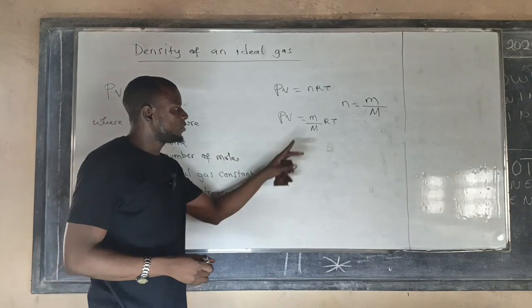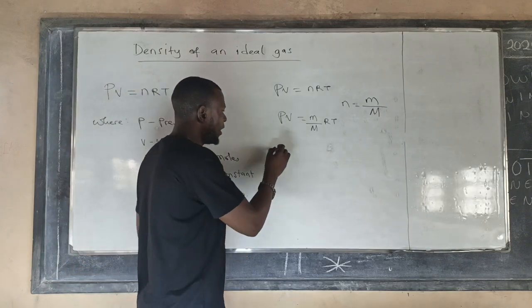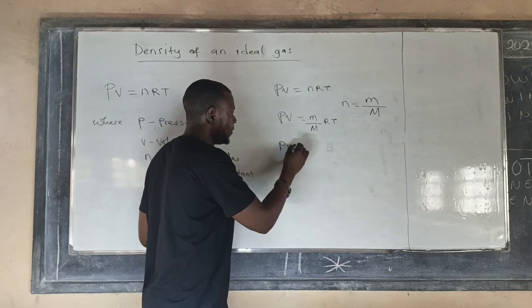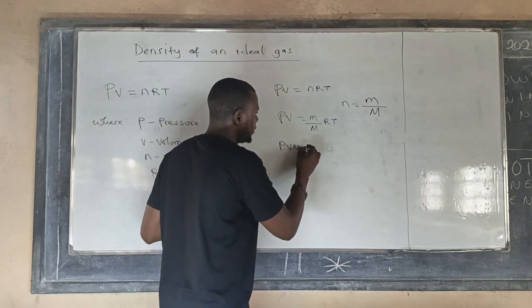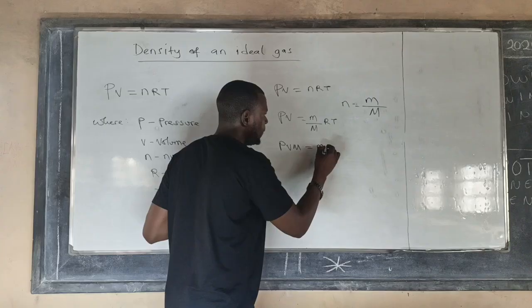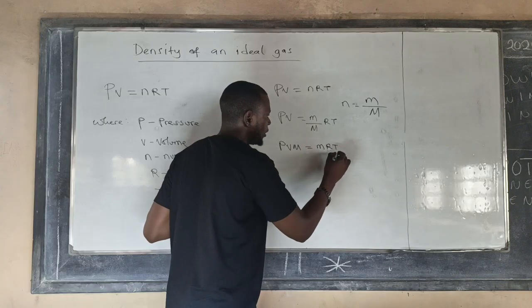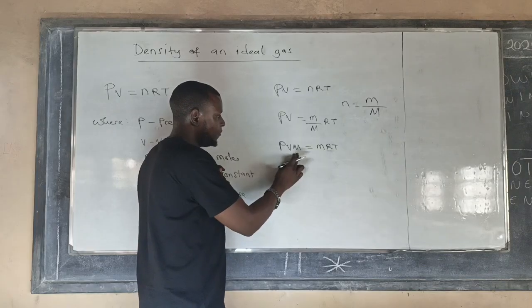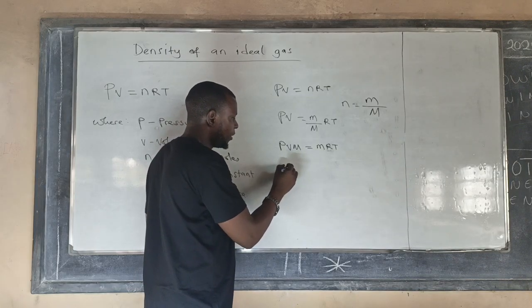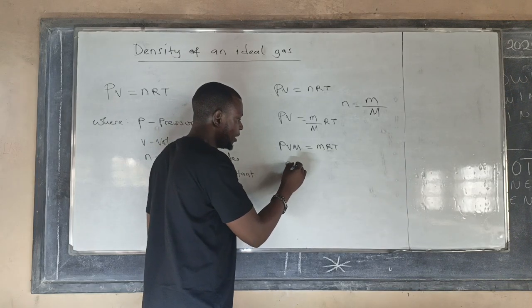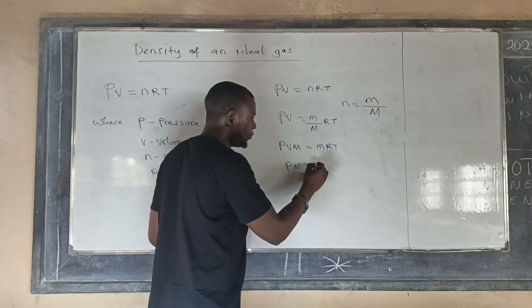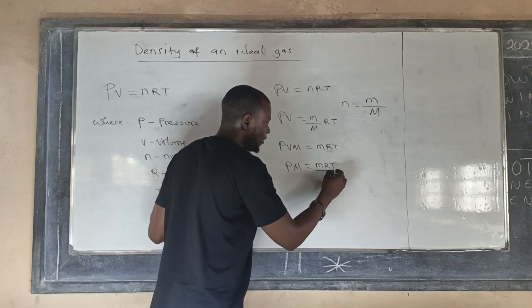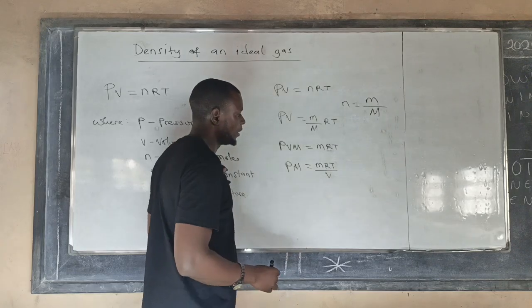After doing that, we cross multiply, and we have PVM equals mRT. Then we divide by volume, and we have PM equals mRT divided by volume.